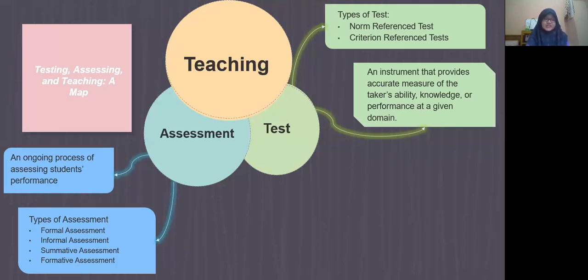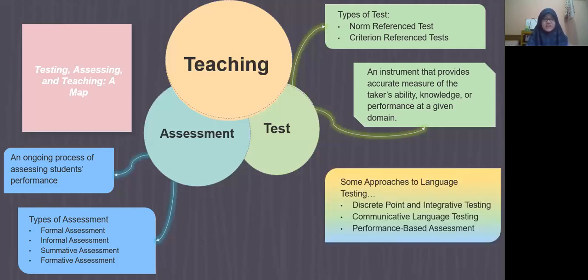And now we are going to talk about the approaches to language testing throughout history. In the early 70s and 80s, there were two major approaches to language testing: discrete point and integrative testing. These two approaches sparked much debate among academicians.